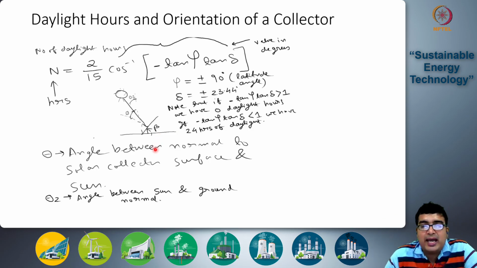The angle that the solar collector makes with the ground we call beta. The angle that the normal to the solar collector makes with the sun is theta. This is different from theta z, which is the angle that the ground normal makes with respect to the sun.